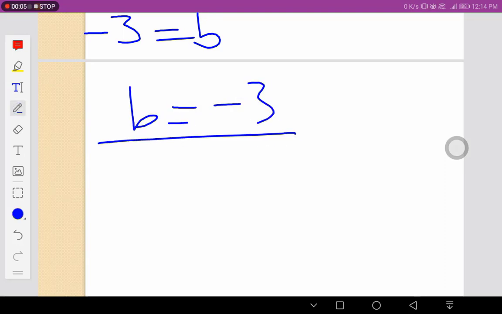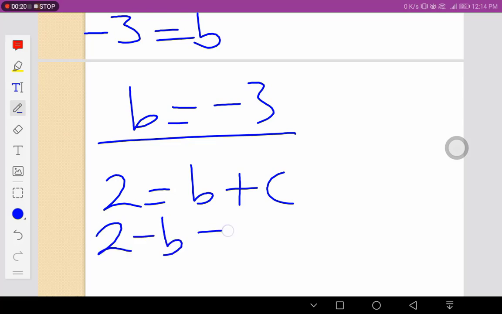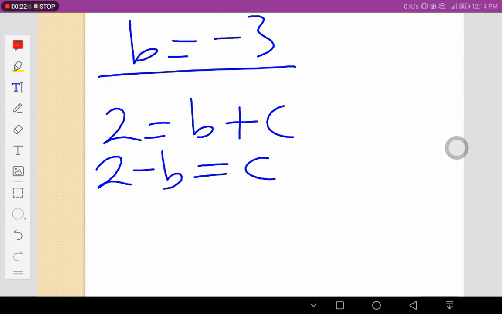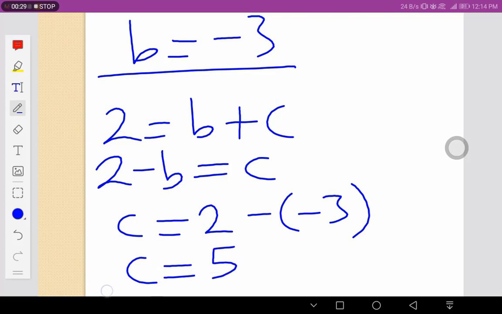Now we have got our b, we can substitute and get our c value. If we use equation number 1, which was 2 is equal to b plus c, our c becomes 2 minus b, so our c is 2 plus 3. So our c becomes 5.